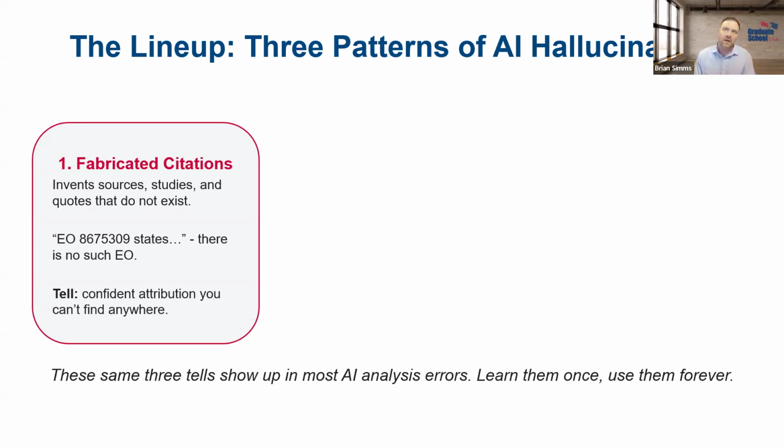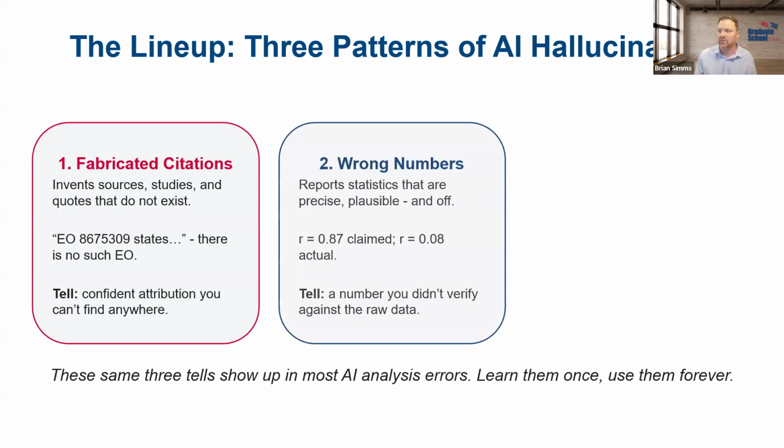My story here is a couple of months old now, but it's recent: it didn't actually cite EO 8675309, but it'll fabricate executive orders. And luckily, with a little bit of digging, it's easy to tell that that's not genuine. But it certainly is fabricating citations. That's something we need to look out for.